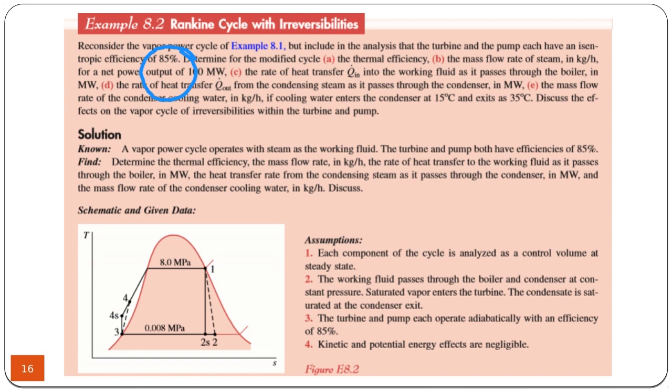By using this, you can do all the calculations. They are actually the same examples, but with some additions. For instance, they use the same data, but this one says the pump and the turbine are not isentropic, so you can see the effect of the turbine and pump not being isentropic.